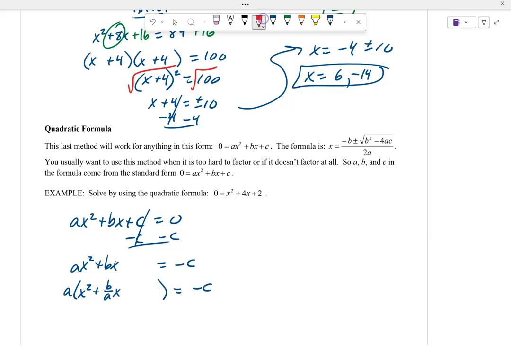I would then take that b over a, divide it by 2, so b over 2a, and I'd square it. That's the magic number that I need, b squared over 4a squared. Well, if I distribute the a, that's a times b squared over 4a squared, which is b squared over 4a. So the other side gets b squared over 4a to offset that, right?